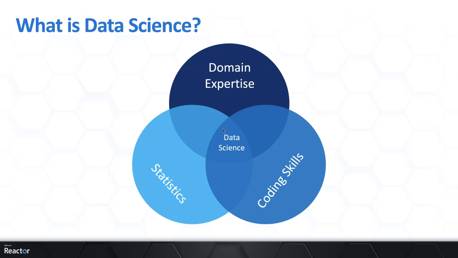If you're coming to this from a learning experience, it could be overwhelming in terms of how much you actually have to deal with. And the good news is nobody's an expert in everything, right? You can't be a biologist who also understands statistics and is also a computer hacking genius. So when you're thinking about becoming a data scientist or a machine learning expert, consider you're part of a team. The team is going to have these skills, but you as an individual don't have to have all the skills.